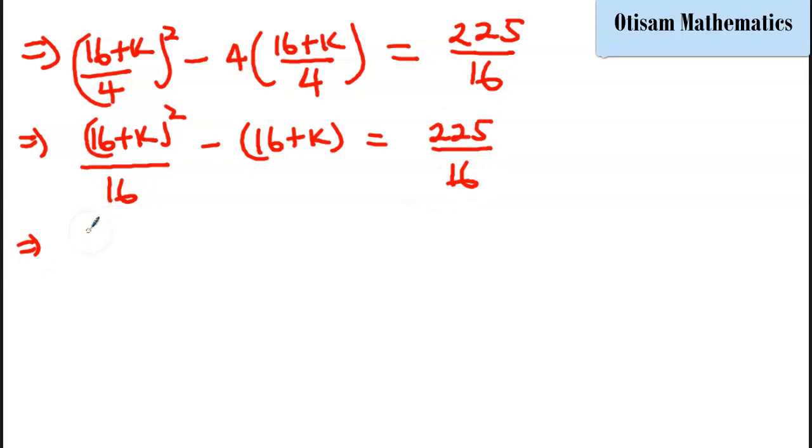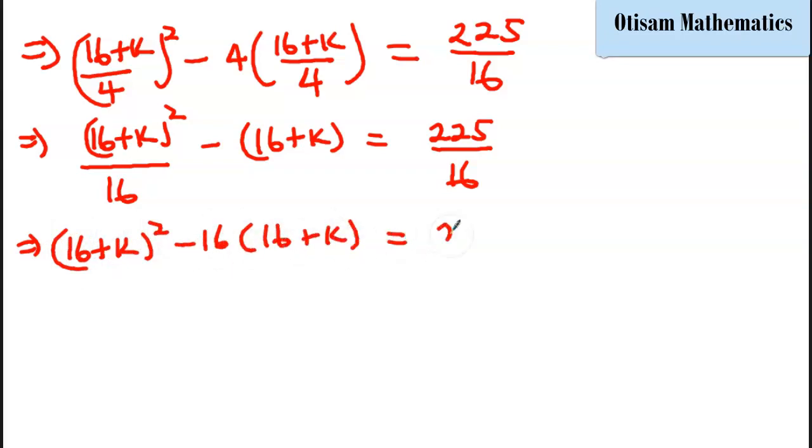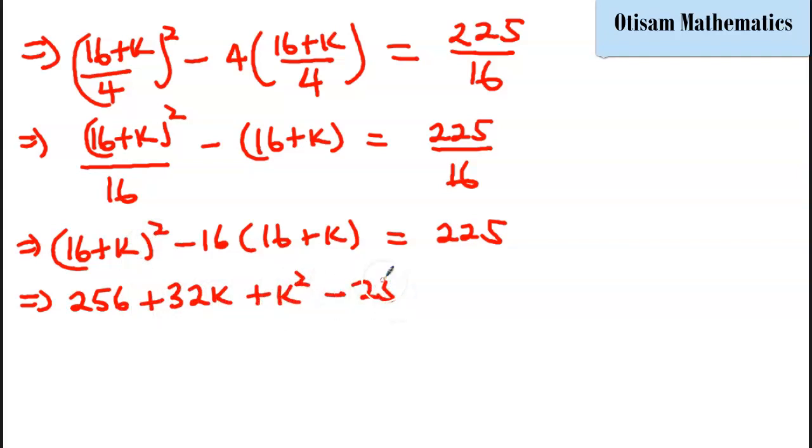So the LCM is 16. Let's multiply through by 16. So the LCM will cancel out. So (16 plus k) all squared minus 16 times (16 plus k) is equal to 225, which implies that 16 squared is 256 plus 32k plus k squared minus 256 minus 16k is equal to 225.